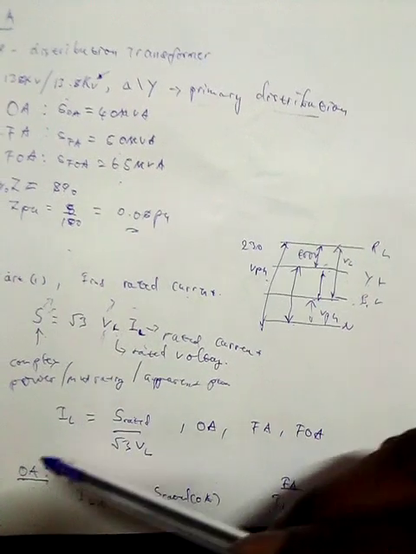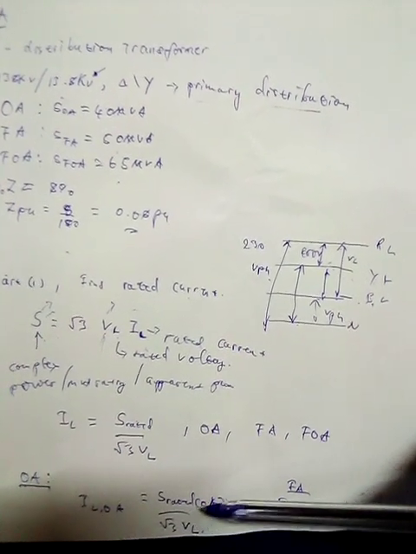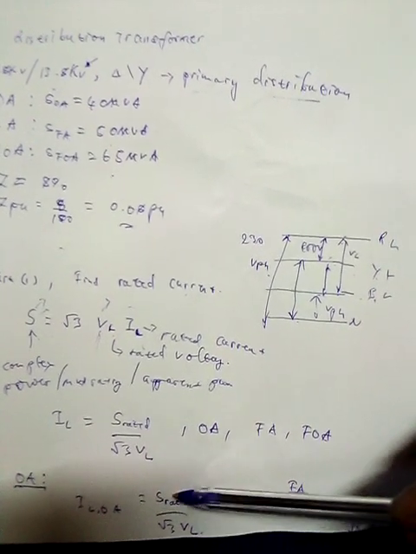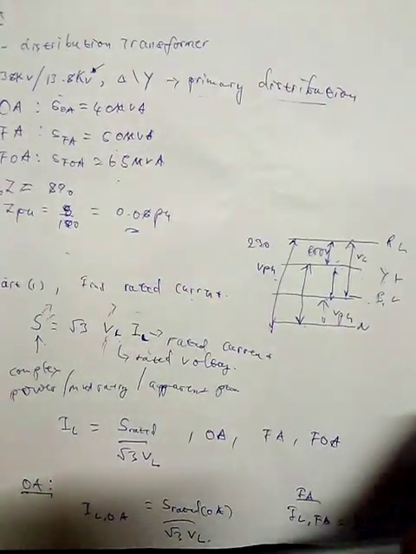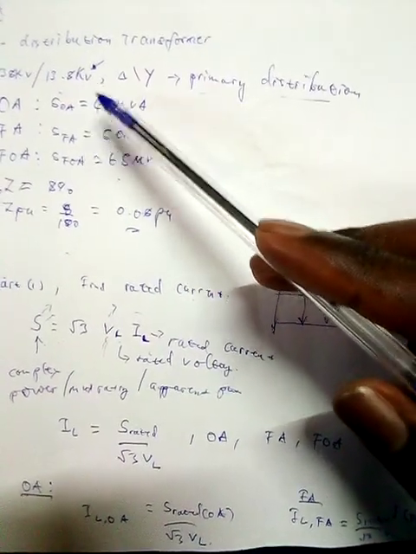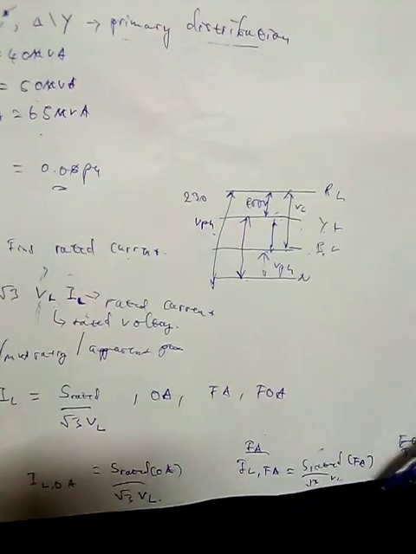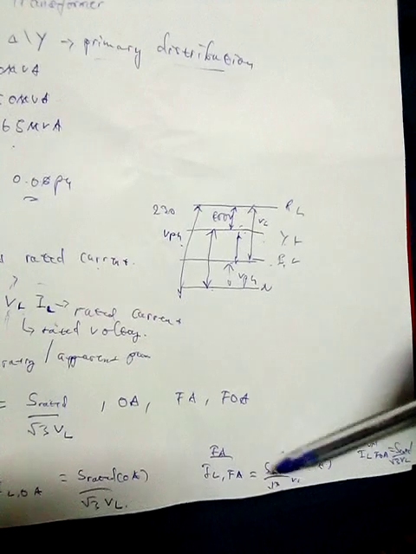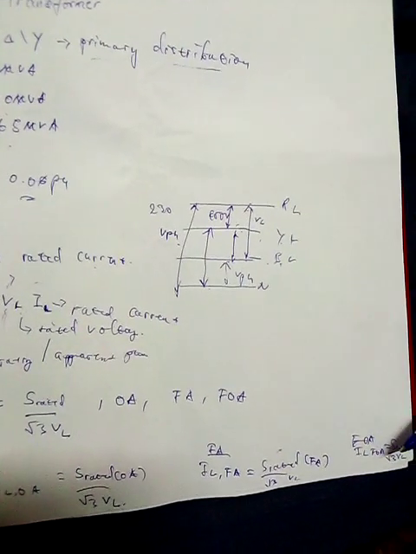For example, in your OA situation, ILOA equals S rated OA over root 3 VL, meaning S rated OA is this value, 40 MVA, divided by VL, which is 13.8. The same 13.8 will be used for FA and also for FOA. The only thing that will be changing is the rated value for S.